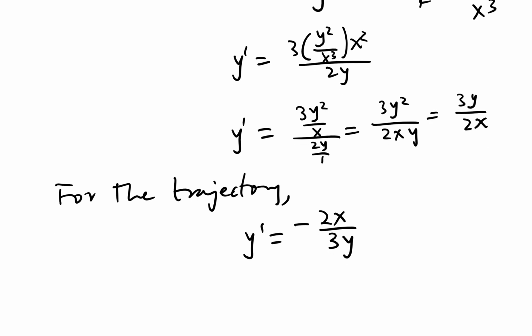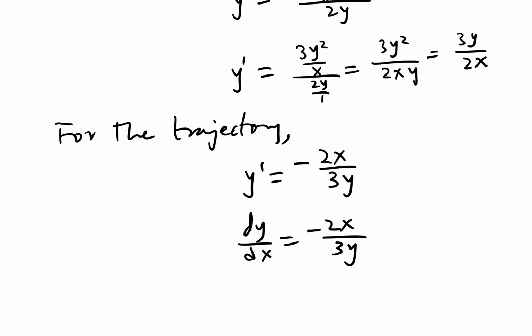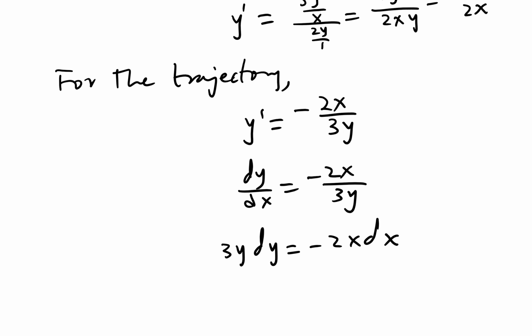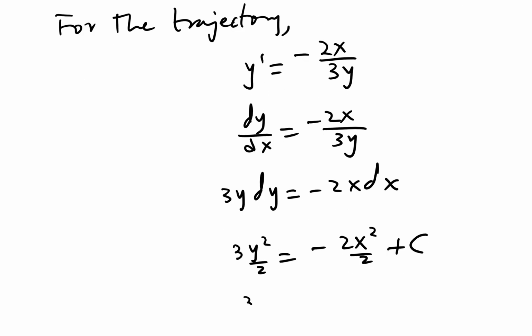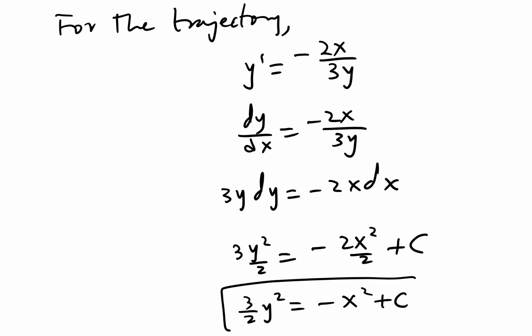Then we can write dy dx and solve this differential equation for y. So we get 3y dy equals negative 2x dx. Integrate both sides, you get 3y squared over 2 equals negative 2x squared over 2 plus c. And you can simplify to get negative x squared plus c. So this is the family of orthogonal trajectories for the given differential equation.